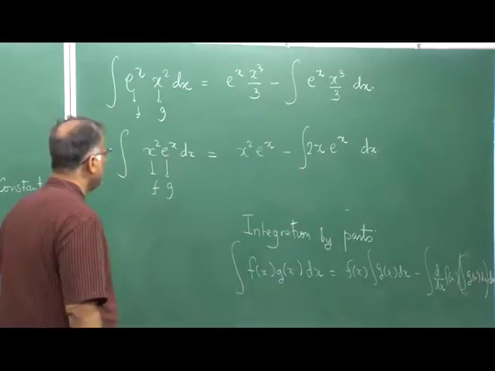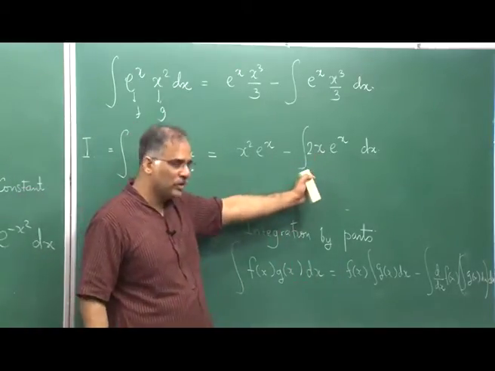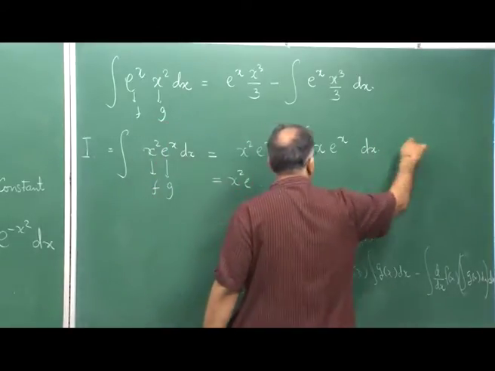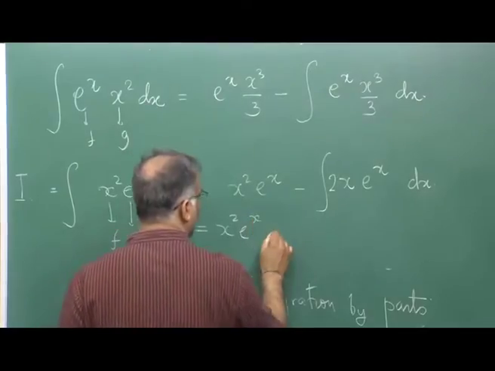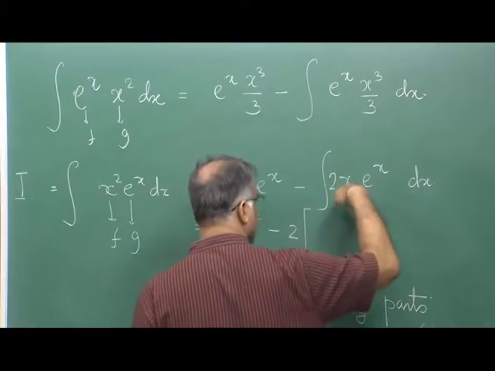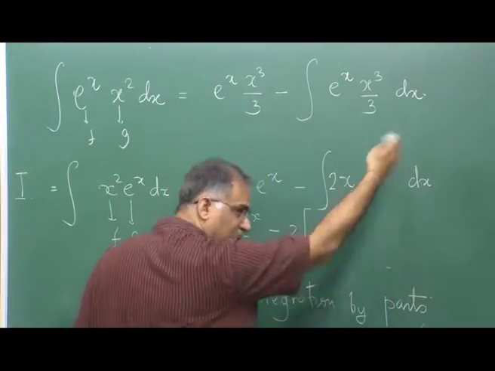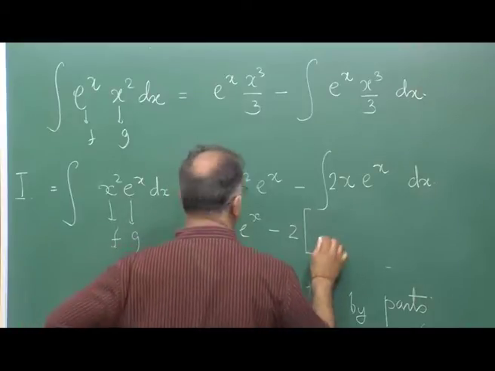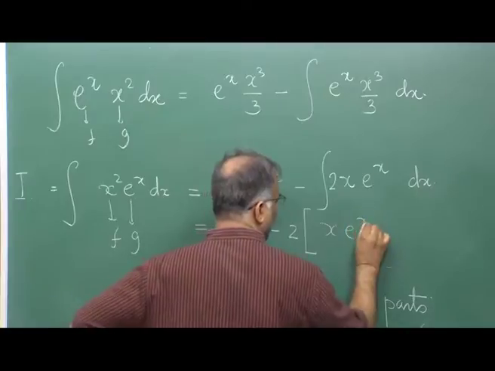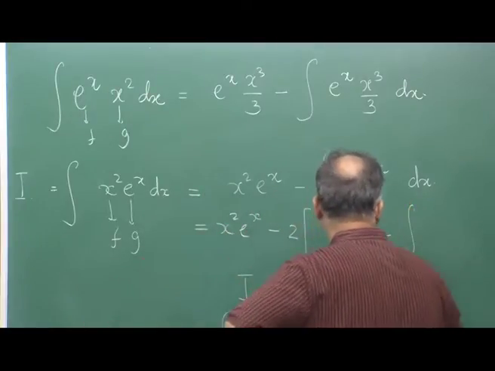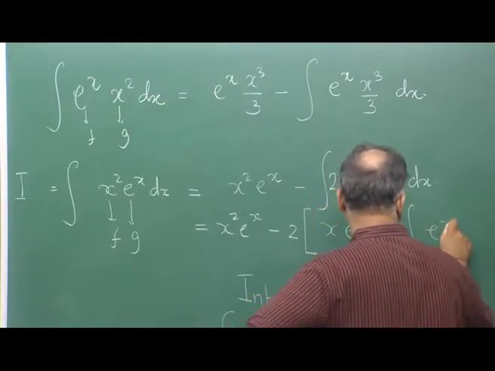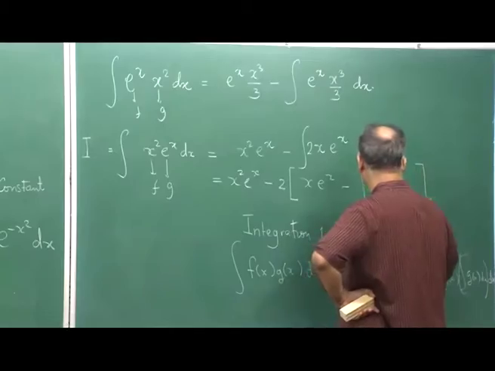So, what is happening is my power has now gone down. So, that is a cause for jubilation. Of course, I am not putting the c, you can put the c at the end, minus 2 of, now I go back to this, consider this x as f and this as g, again I reapply integration by parts, which will give me x e to the power x minus integral, now if I take the derivative of x it will become 1, so e to the power x dx.